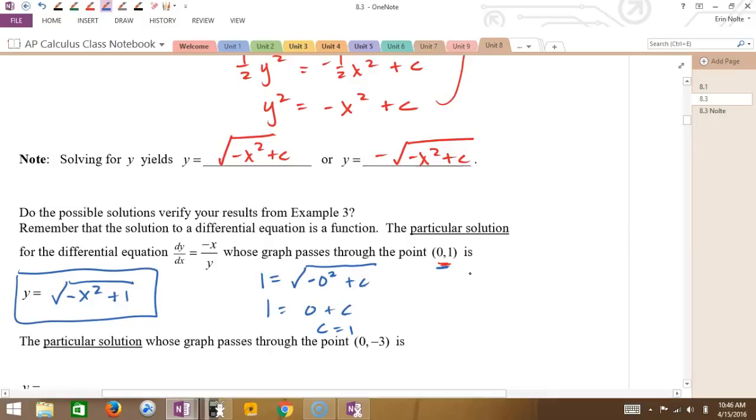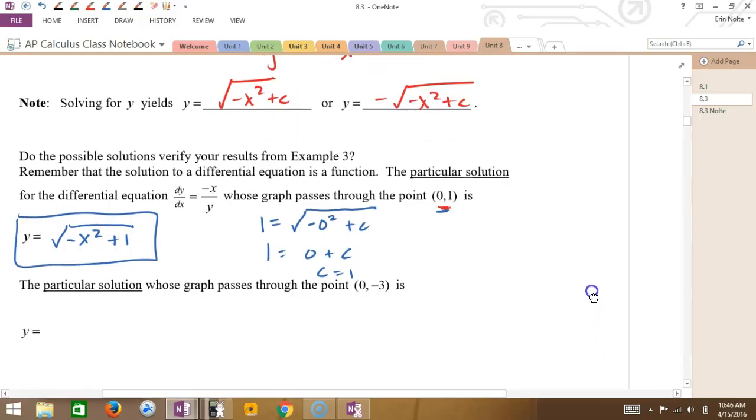You can't have a negative square root of some number equaling a positive number. That can't happen. Plug the points into your solution. The square root of a negative number is imaginary.